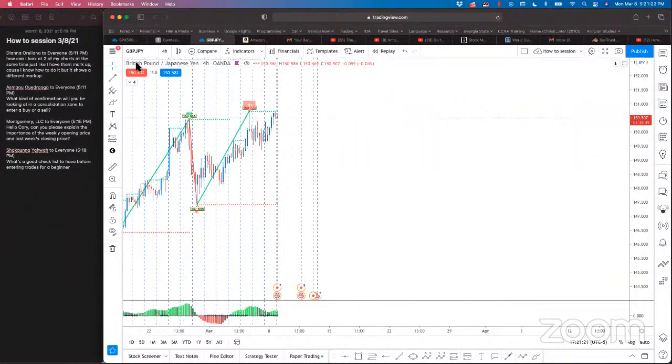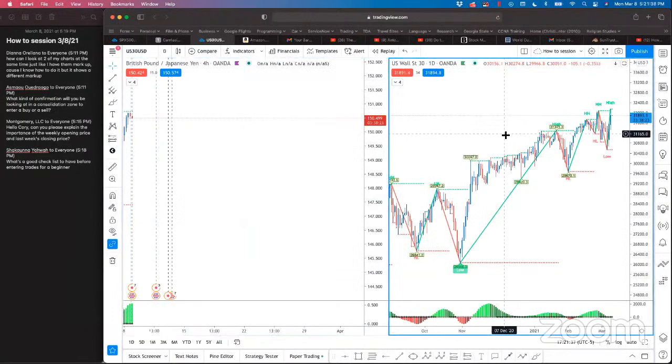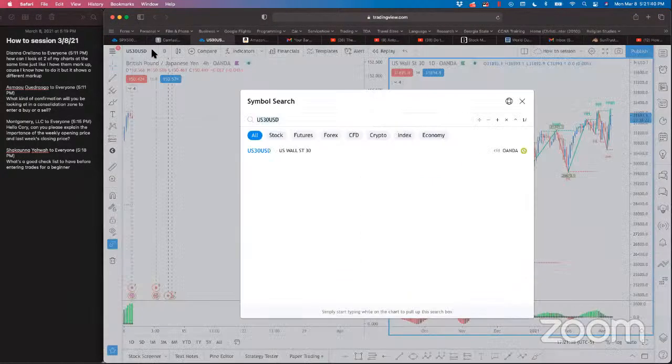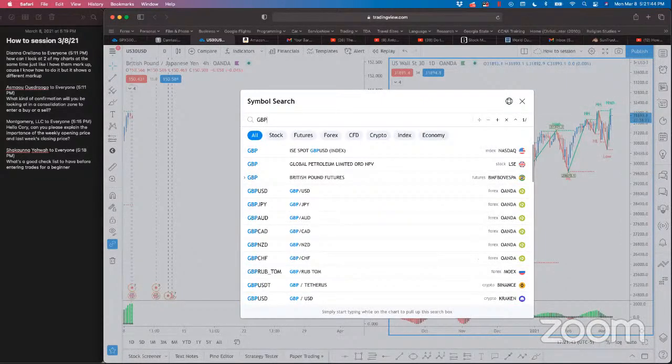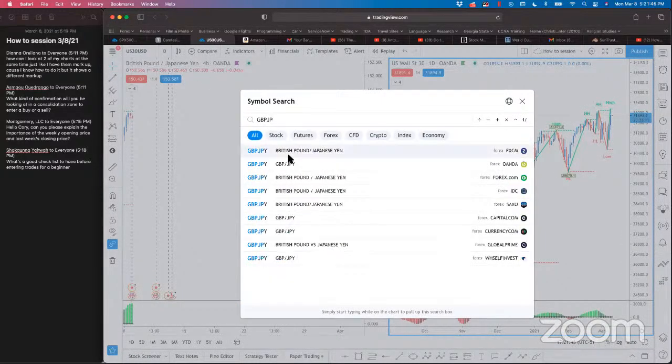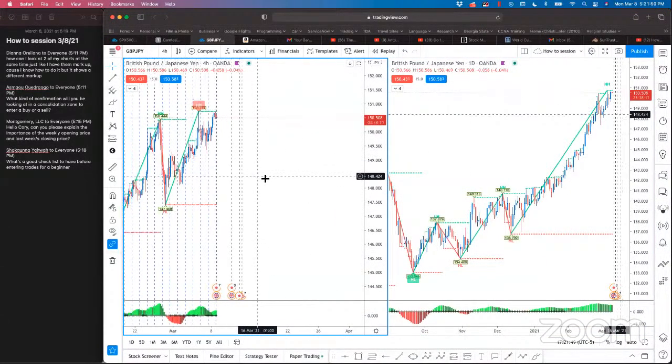So right now you can see I have Oanda. I'm using GBPJPY, and the broker is Oanda, and I'm going to open up another one, and I'm gonna make sure that when I open up the next GJ, that is also Oanda, right?